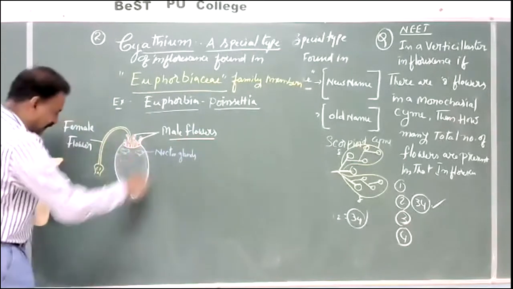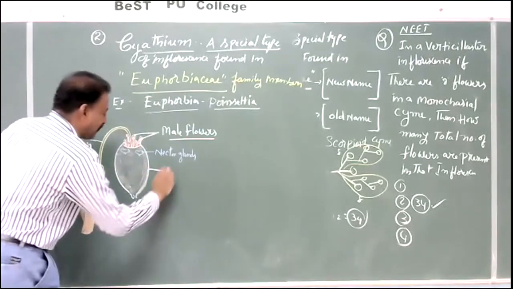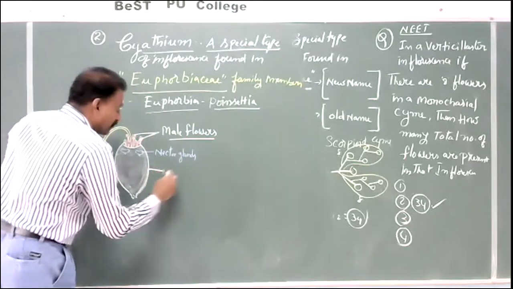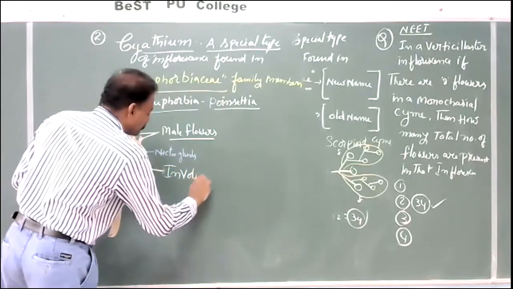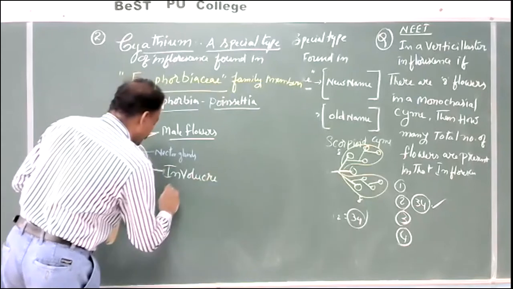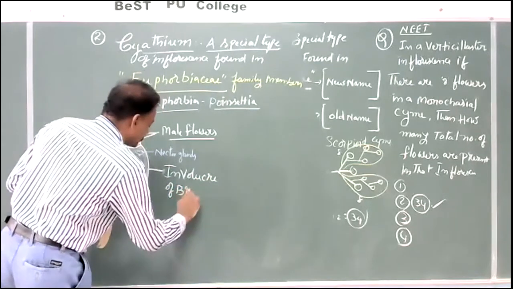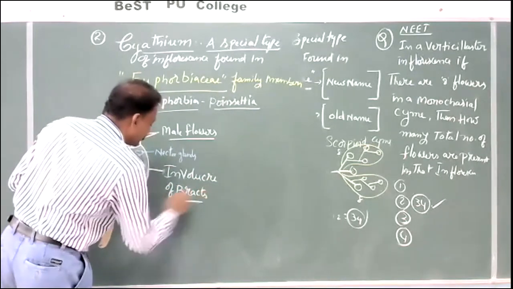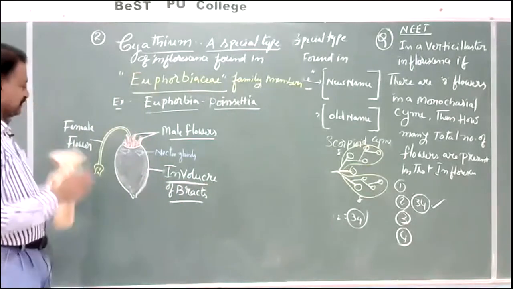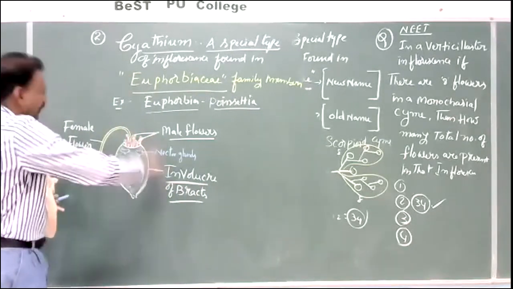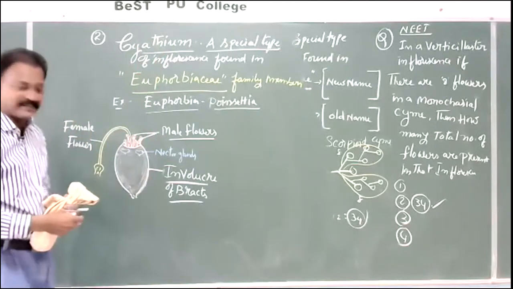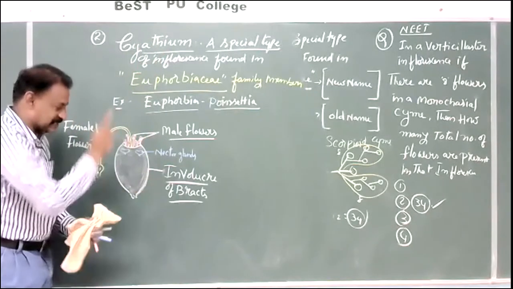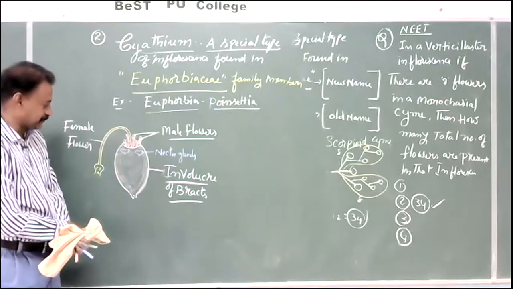The total enclosed is called involucre of bracts. What are these? This is total cyathium, a special type of inflorescence.